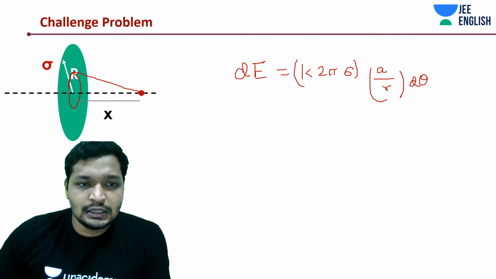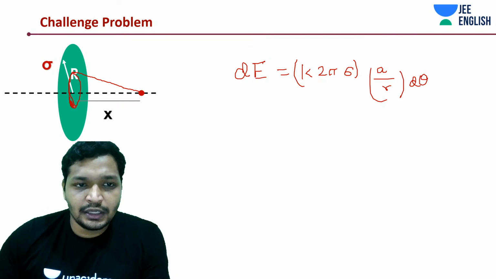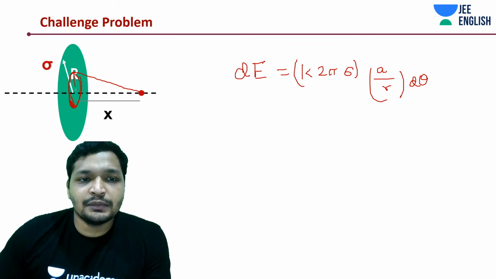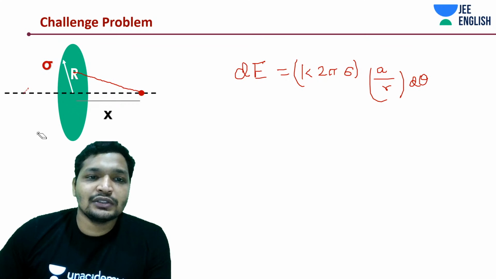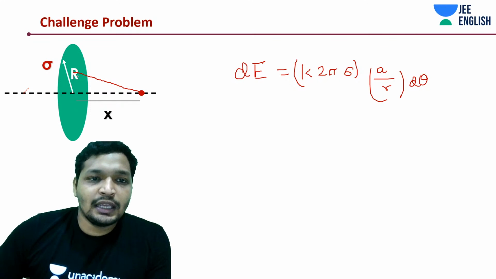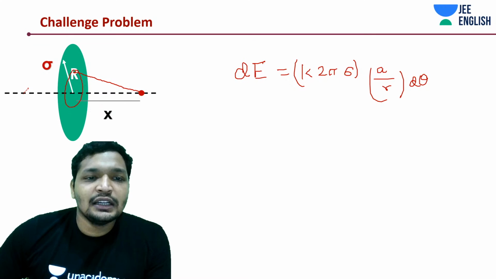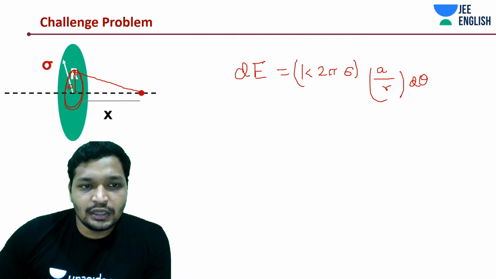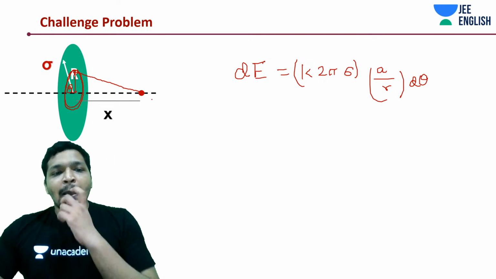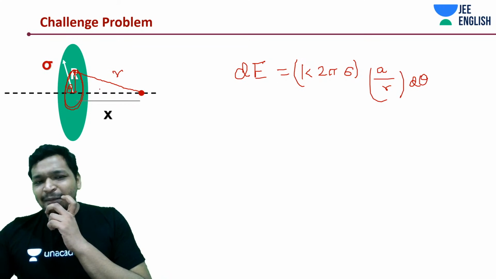This is A. This is what we consider to be A. This A is varying, but we are saying we are going to do everything in terms of theta, because this A is a varying quantity. Don't want to deal with A. It creates a lot of headache. The integration is complicated, etc. For many reasons, we are going to deal with theta and not with A. This is R. What is A by R?